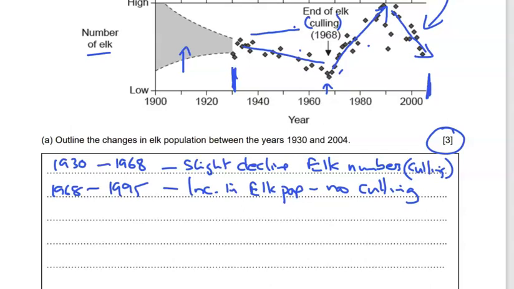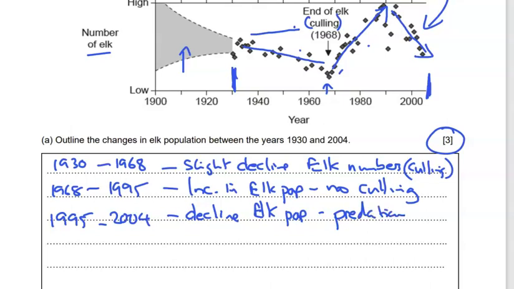And then we have 1995 through to the end, which is 2004, and here we see a decline in the elk population once more, and we would suspect that this is due to predation from the reintroduced wolves. So there's 1, 2, 3 marks.